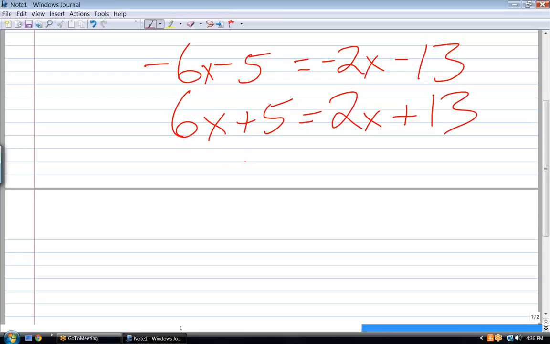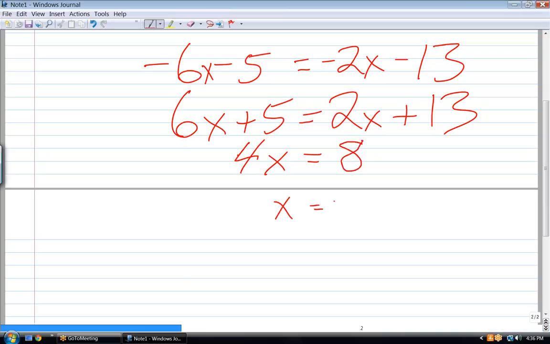One moment. Gonna just write that down. And so now we can subtract 2x from both sides and get 4x plus 5 equals 13. And then of course you subtract 5 and get 4x equals 18. 8 is 13 minus 5.